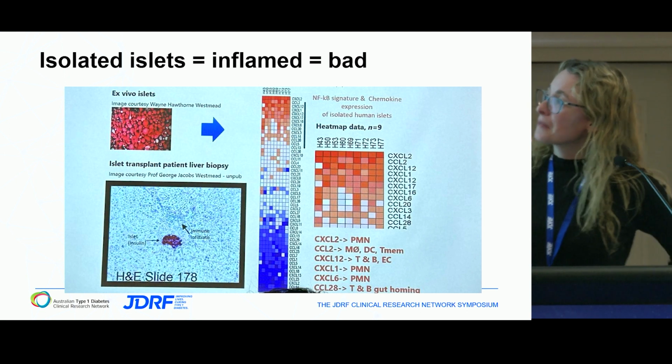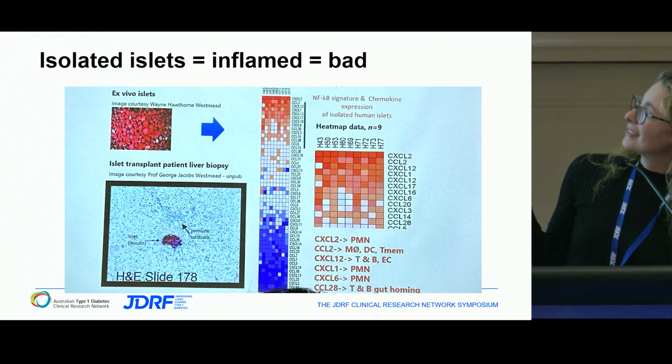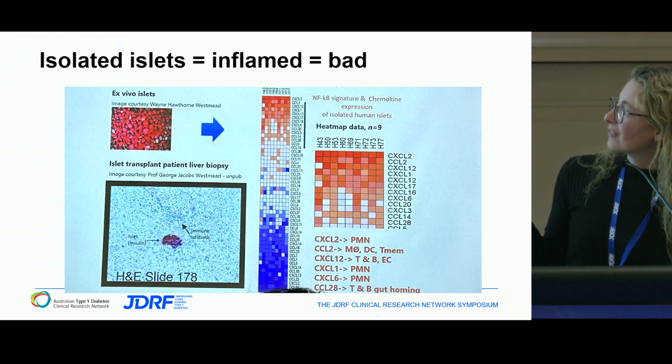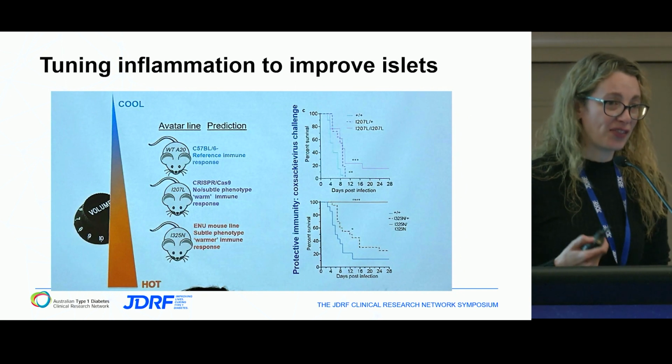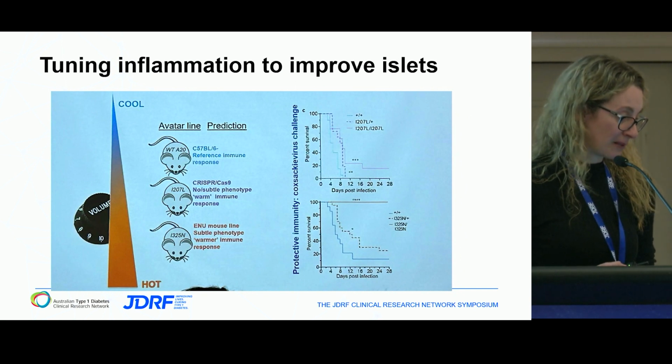So getting back to when we isolate islets, they don't behave normally, and they're super inflamed, and that's probably part of the problem, why they don't do particularly well at the time of the peri-transplant period.